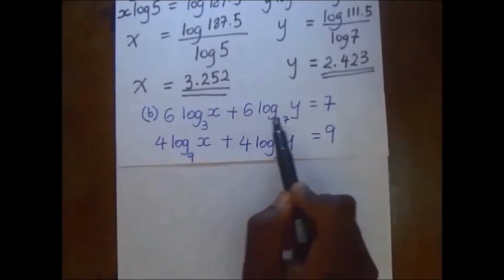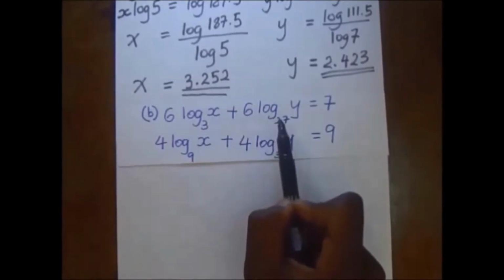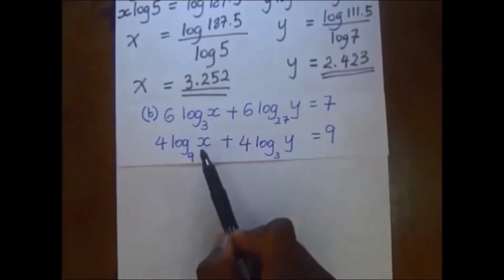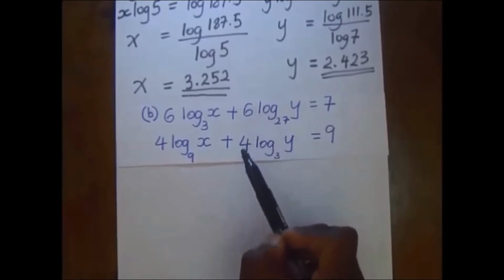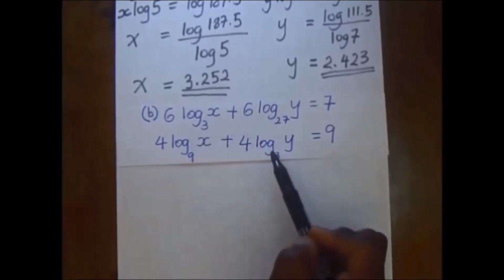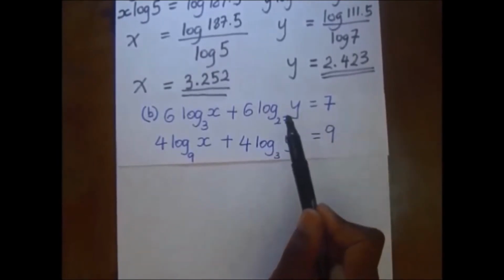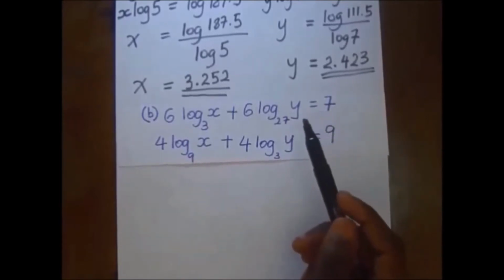If you look at this first equation, it is to base 3, this is base 27. The second equation is to base 9, here it is to base 3. So in both these two simultaneous equations, we see that 3 is the lower base. So it means let us resolve to change everything to base 3.